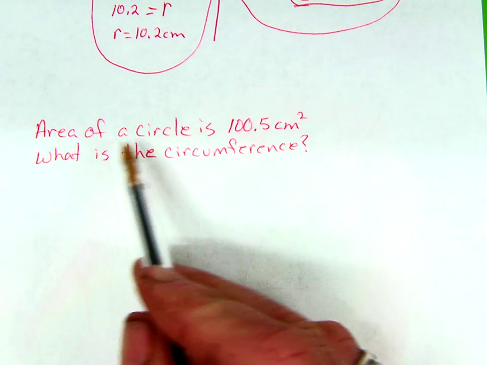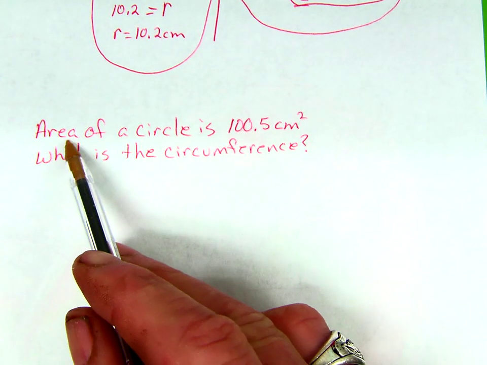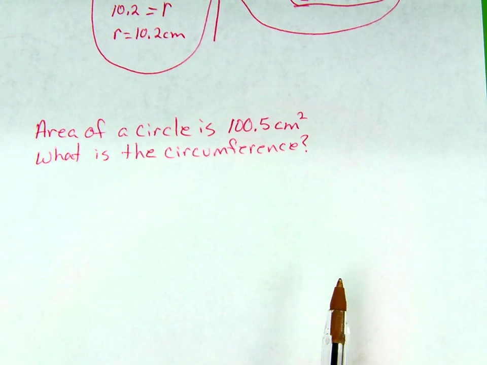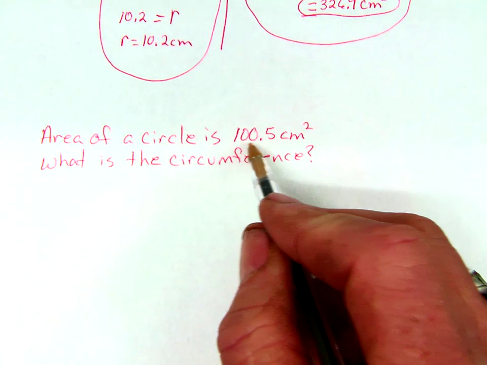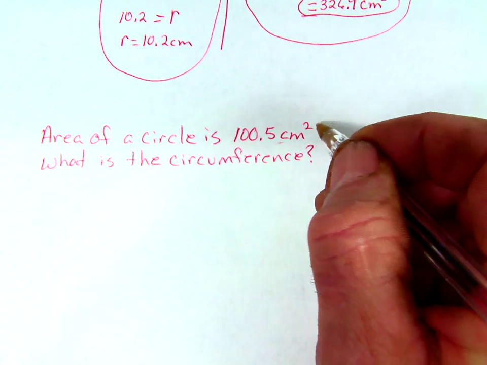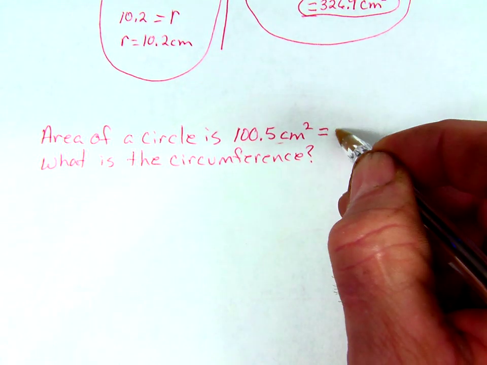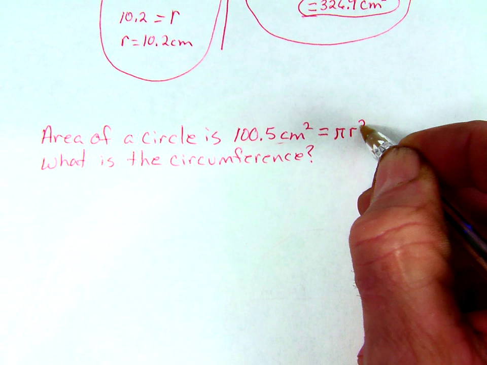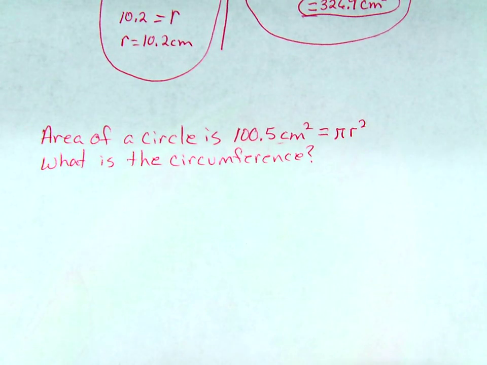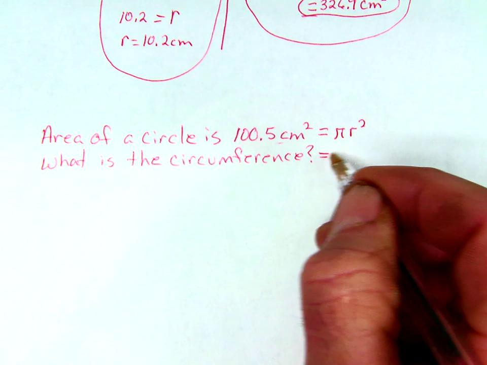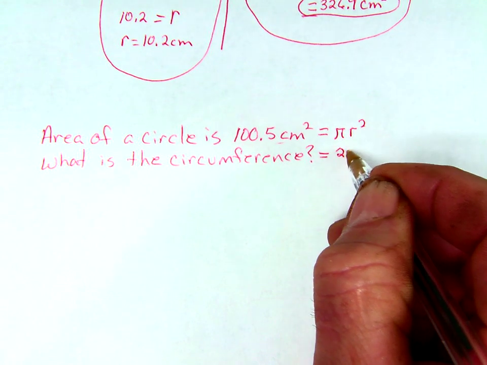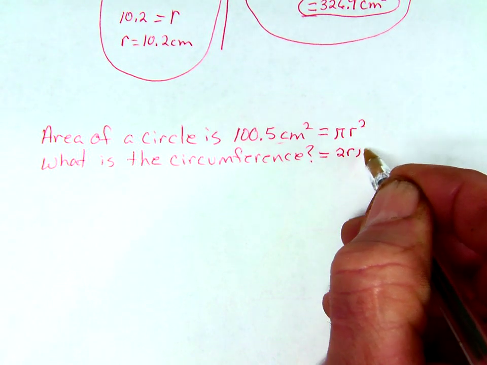Okay, they've given me this information about the area of a circle. Area is pi r squared. So this 100.5 centimeters squared represents pi r squared. Circumference is 2 radius pi.